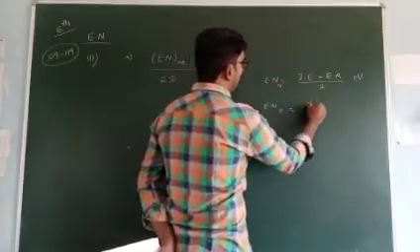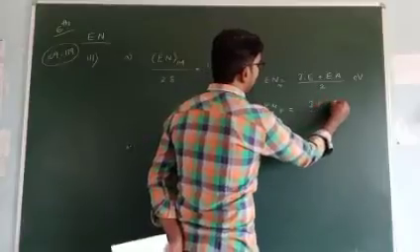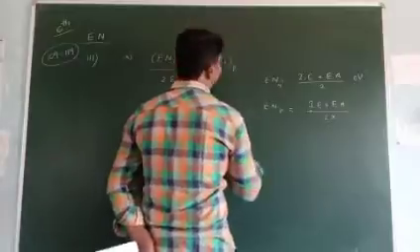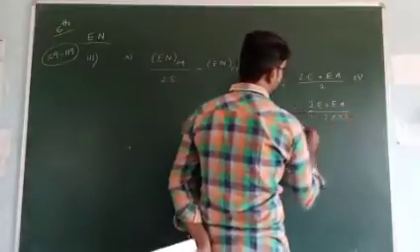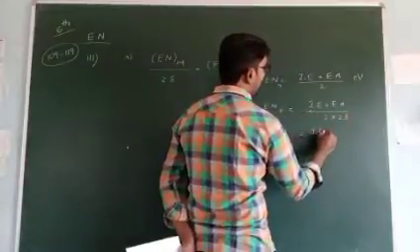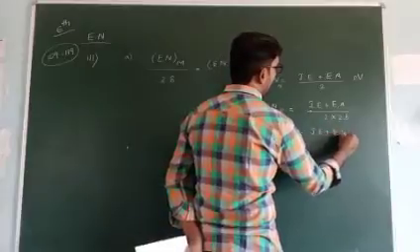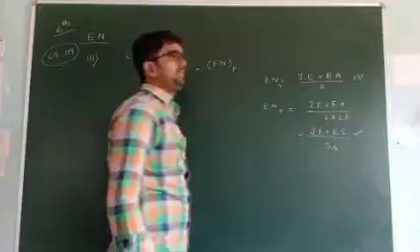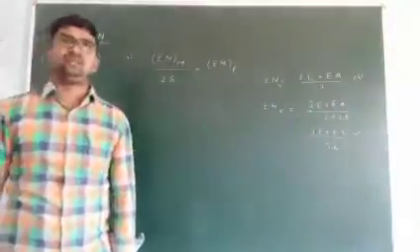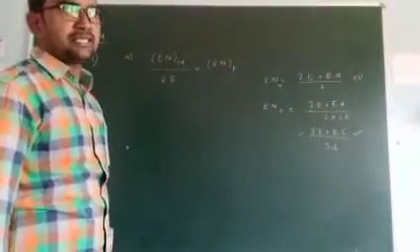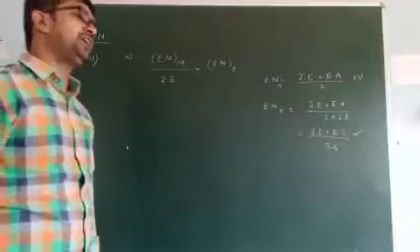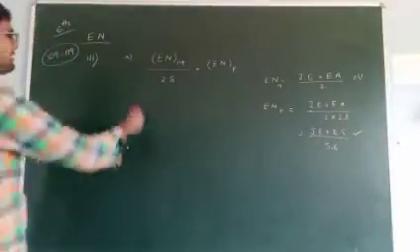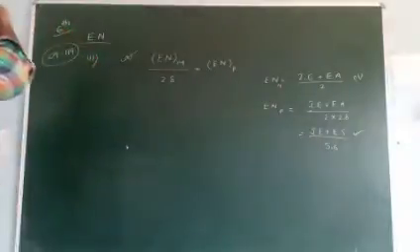It is (Ie plus Ea) by 2 into 2.8, so this is equal to (Ie plus Ea) by 5.6. This gives electronegativity values of elements on the Pauling scale using the Mulliken scale method. Okay, so the answer is A. It is very, very clear.